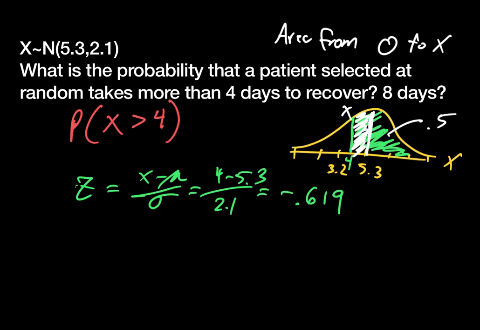Or you went to an online calculator of some kind and you did the normal applet, and then you plugged in the value for the mean, the standard deviation, the boundary point, you checked the correct shading region, and we found that the probability of here is 0.7. If you used the online, it was like 0.732 something.